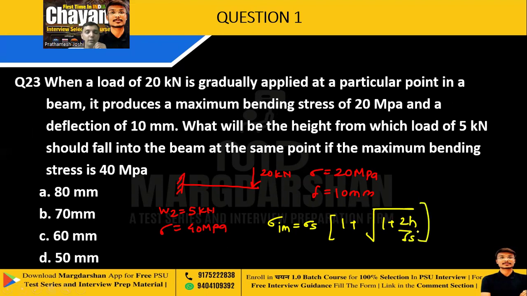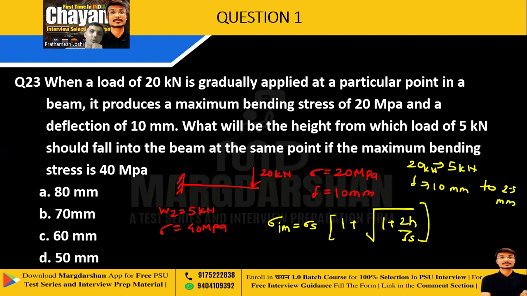Now if you see here, delta static in case 2 would be, see, load is becoming from 20 kilonewton to 5 kilonewton. So deflection will go from 10 mm to, I think this is 1 by 4, so this will go to 2.5 mm.